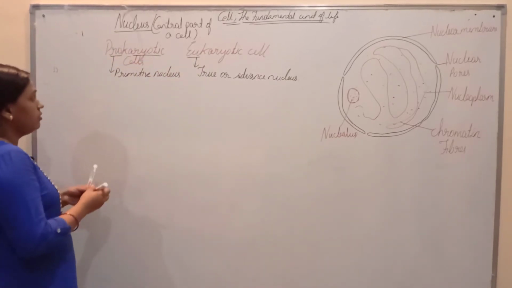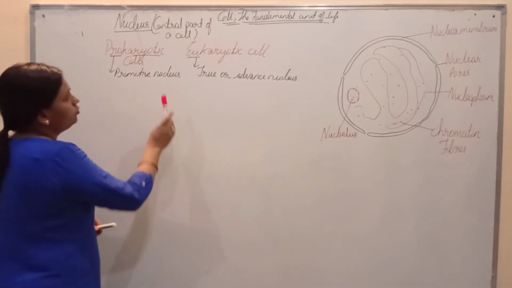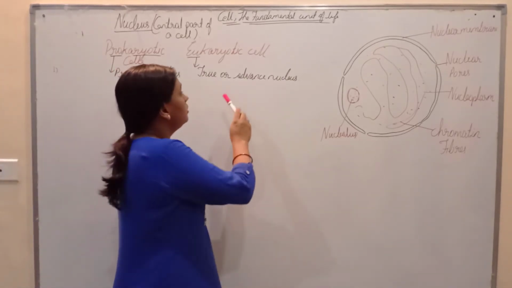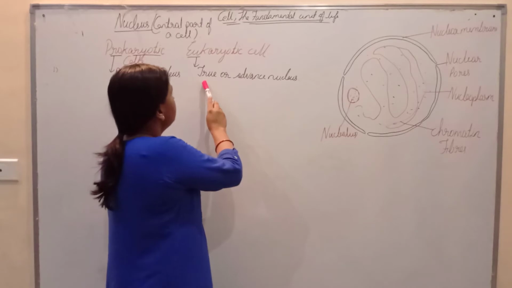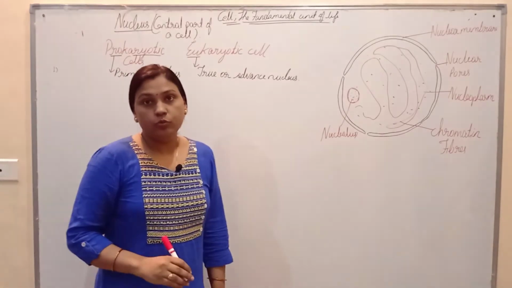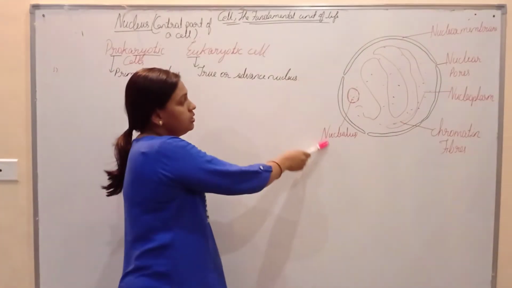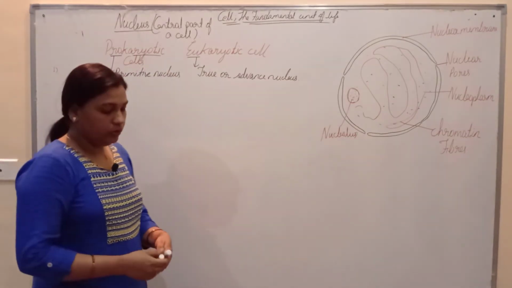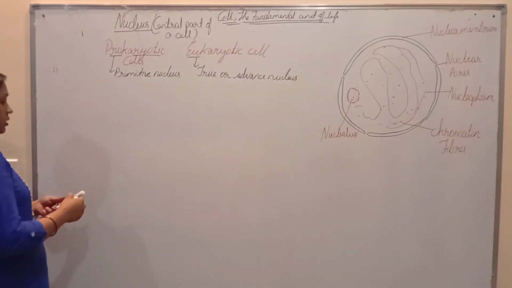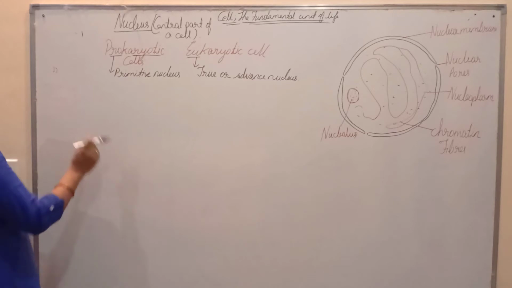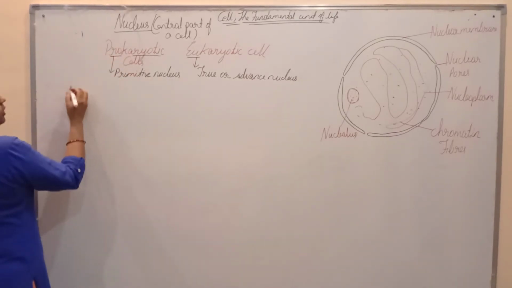Prokaryotic cells have a primitive type of nucleus that is not developed, while eukaryotic cells have a developed nucleus. This is the structure of a eukaryotic nucleus, and it is developed. Let us see what points are absent in the prokaryotic cell.